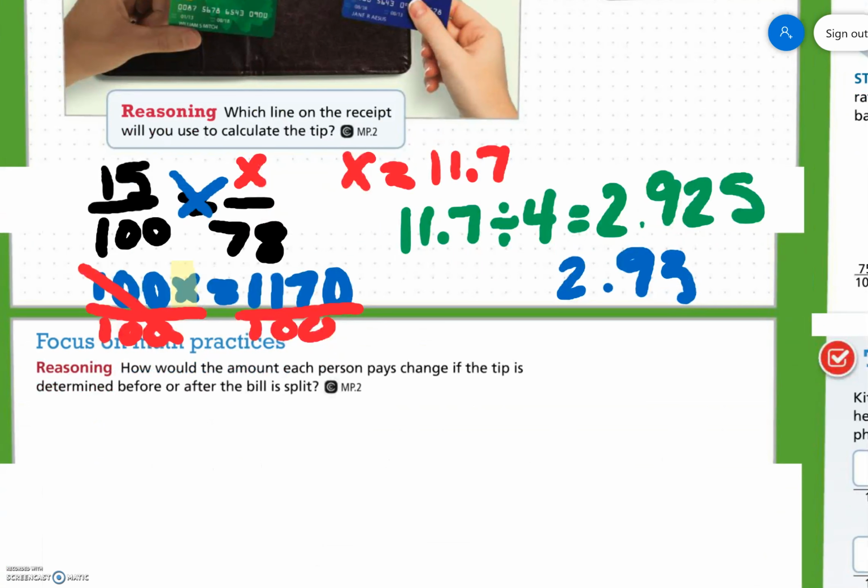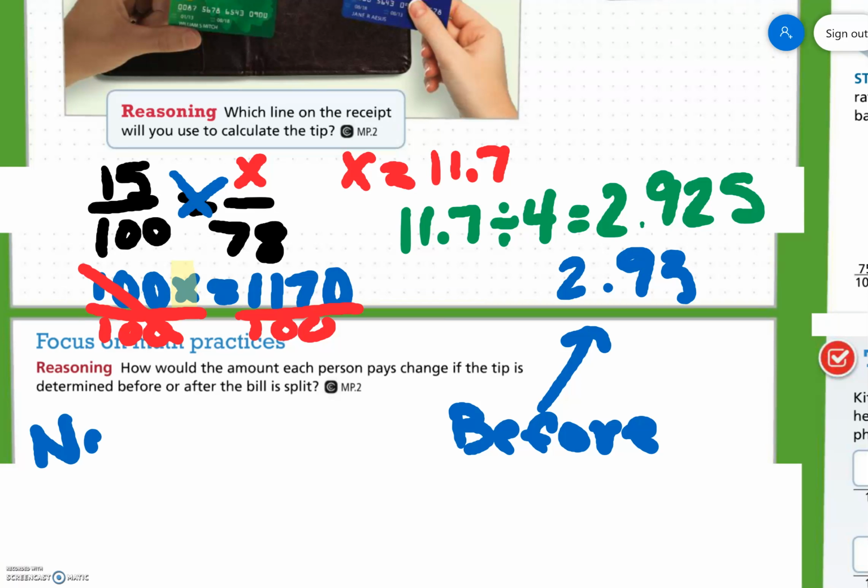How would the amount each person pays change if the tip is determined before or after the bill is split? Well, we just found out what happens when it's before the bill is split. But it would change if it was after the bill is split, because not everybody bought the same food, so not everybody would pay the same amount.